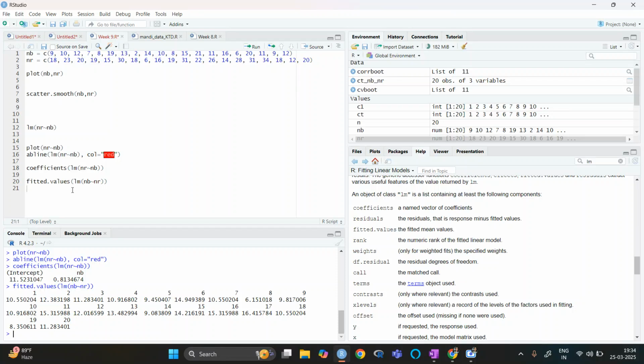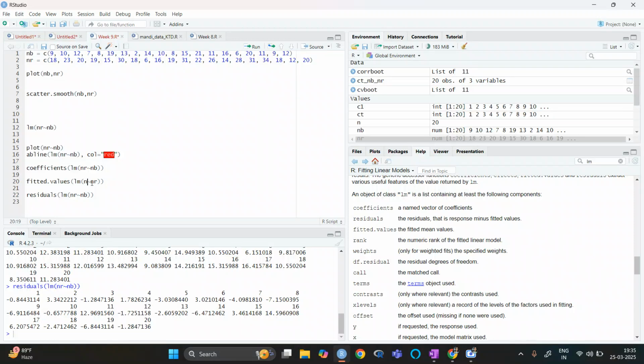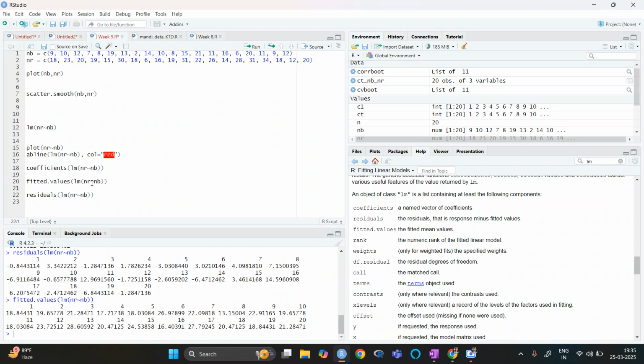Then we will find residuals. Sorry, it is NR and then NB. So these are the fitted values. Let me just remove this.